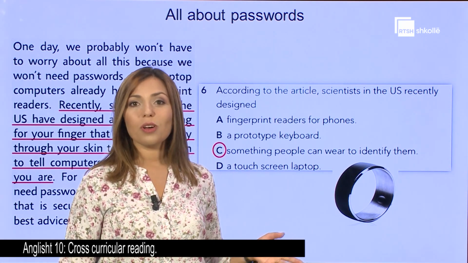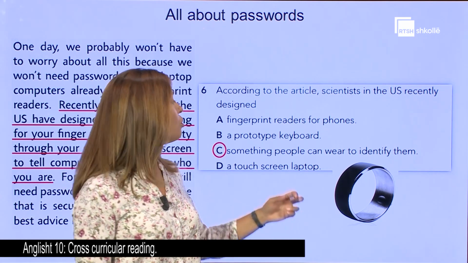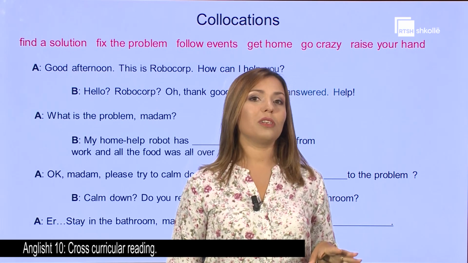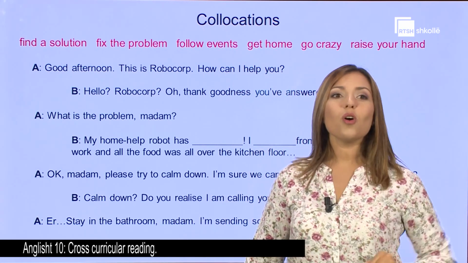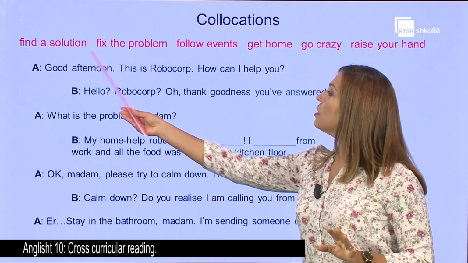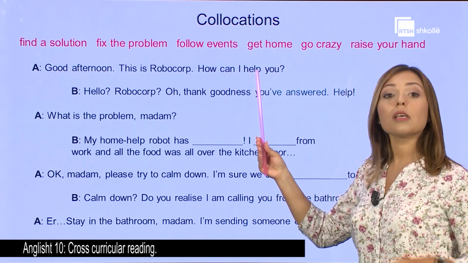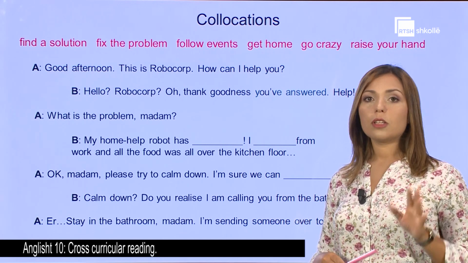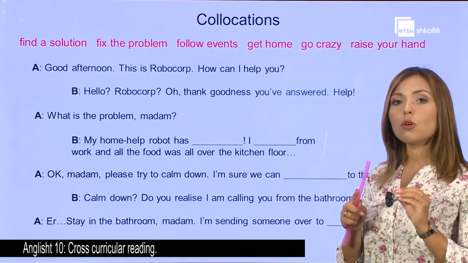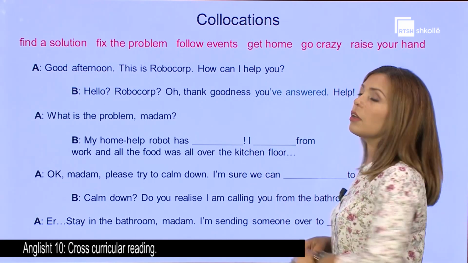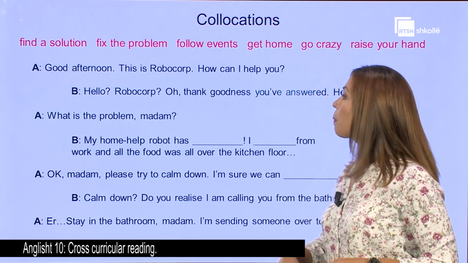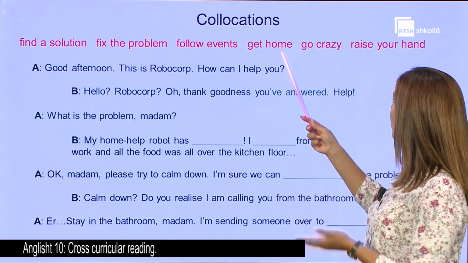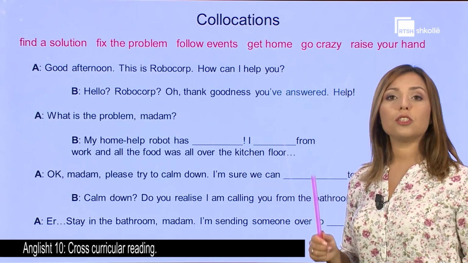Okay, so from now on, you are going to continue making these long passwords and not short anymore. All right, and we have some expressions, some collocations, words that go together. Don't forget, put words that go together in the text to have a meaning. We have find the solution, fix the problem, follow events, get home, go crazy, and raise your hand.